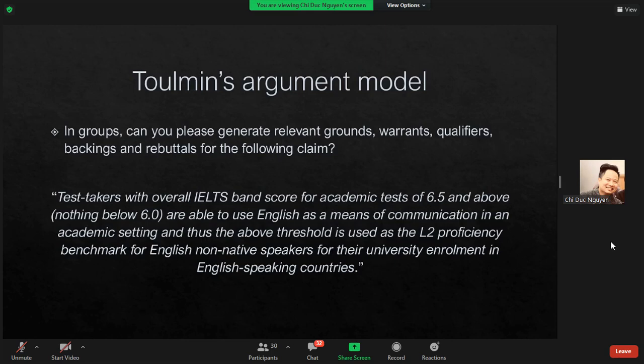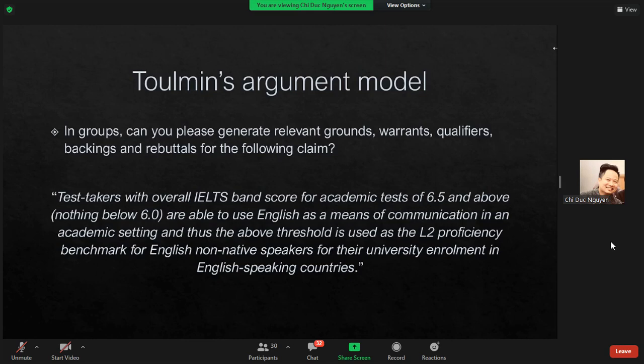And in this way, they can achieve 6.5 based on the strategy itself, rather than their true ability. Okay, so that is another thing that we need to talk about, some kind of exceptional cases. So this kind of claim can hold true for the majorities of cases, but we also acknowledge that there are some rare, exceptional cases that we cannot account for in this kind of claim.